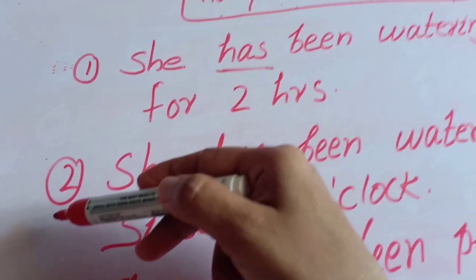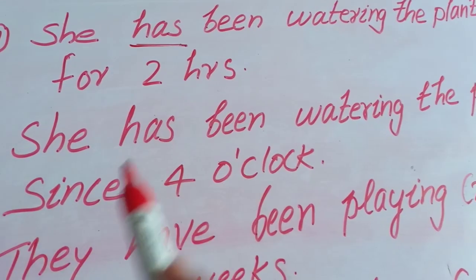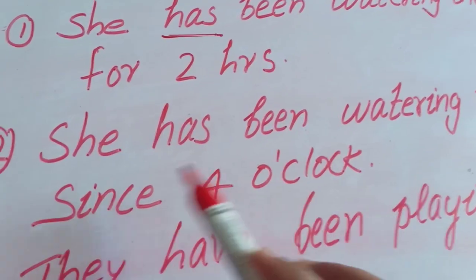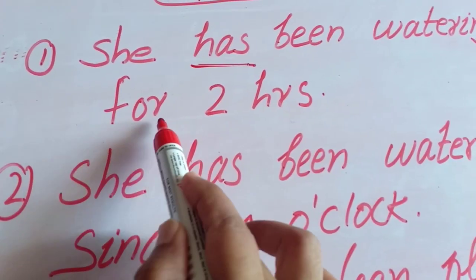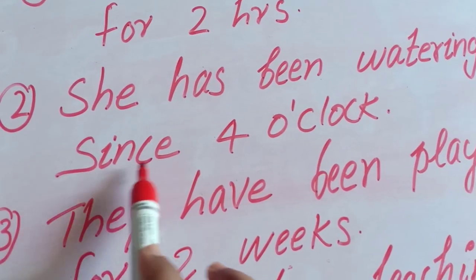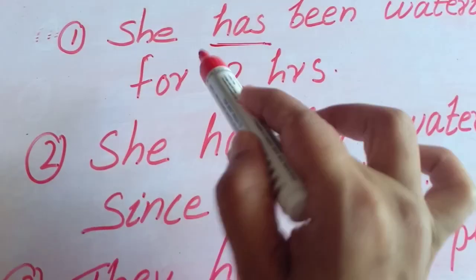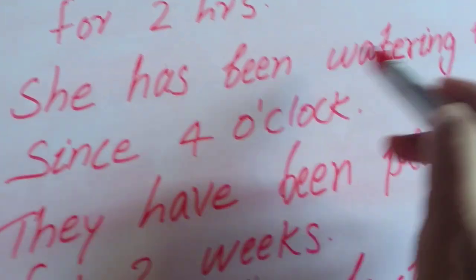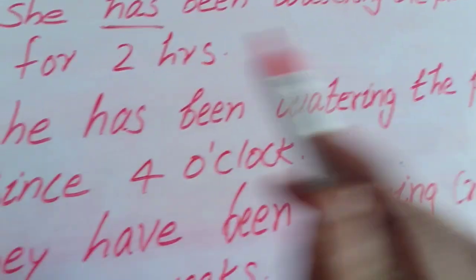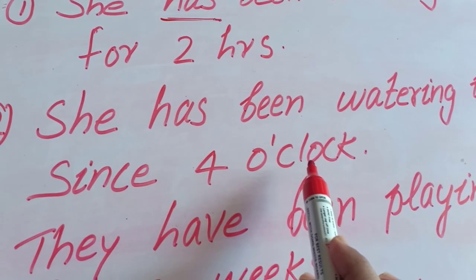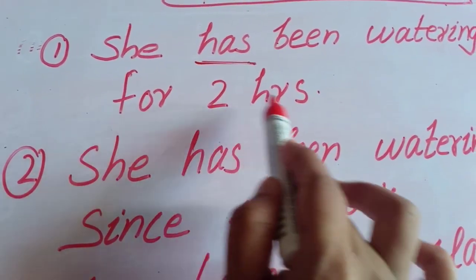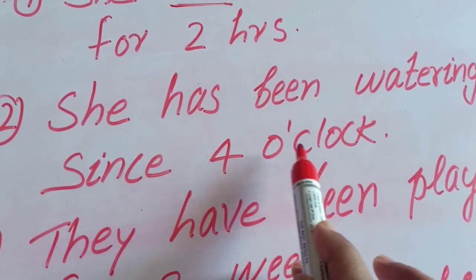See, in the second example also I have written the same sentence with a little difference. Here I used for, but here I used since. What's the difference? Let us see. She has been watering the plants since 4 o'clock. This is for 2 hours. This is since 4 o'clock.